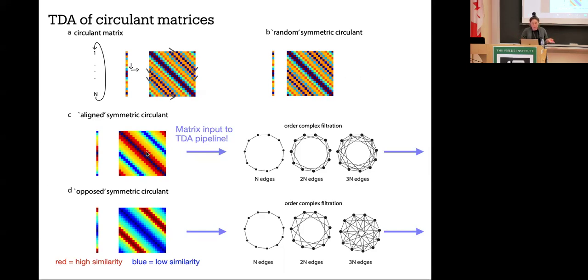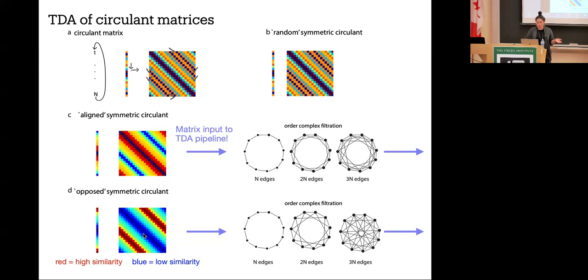And while they look similar, the difference is in the neighborhood structure. If I'm this neuron on the diagonal here, my nearest neighbors, the things that I'm highly similar to, are near to me in the indexing structure of the matrix.